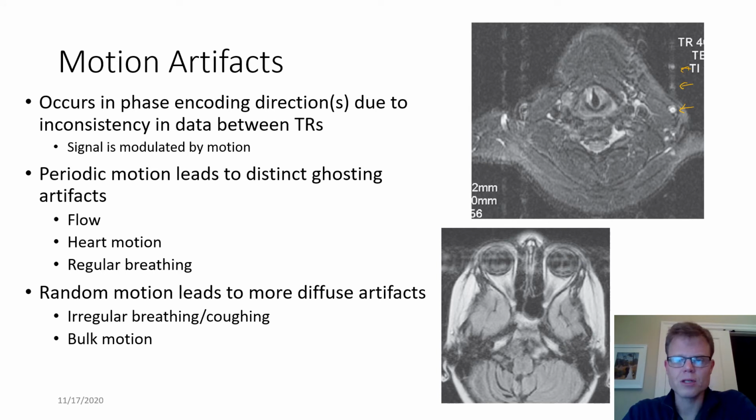And the random motion, like this person moving their eyes, maybe blinking a lot, gives this more diffuse artifact. You can see a little bit of ghosting pattern here, but it's much more of a diffuse artifact. Other common causes of this are irregular breathing or coughing, a sort of bulk motion, where you're just shuffling around in the scanner.